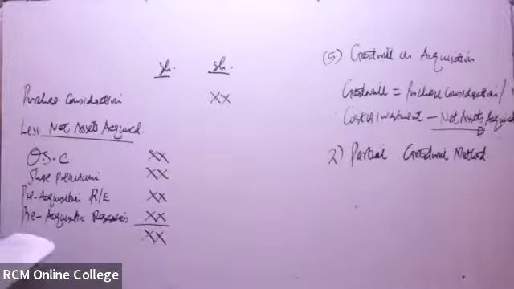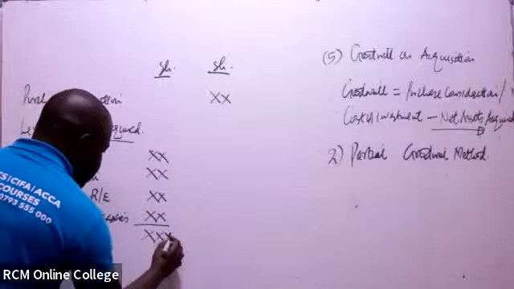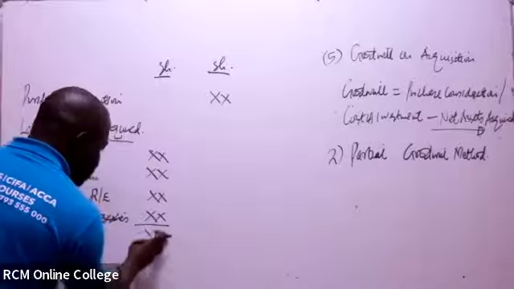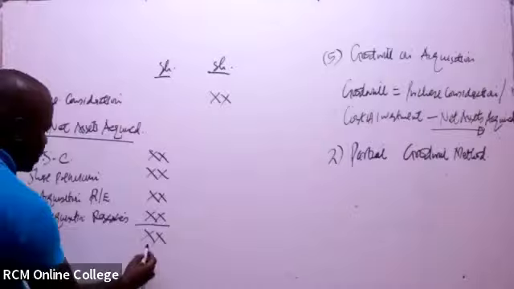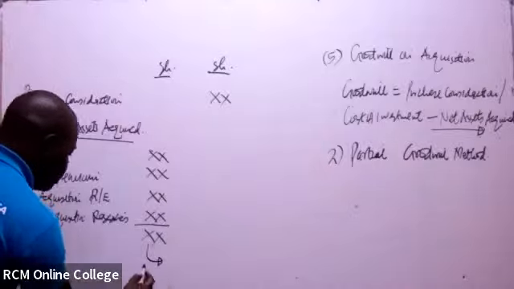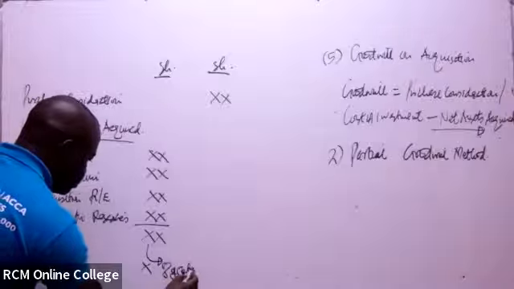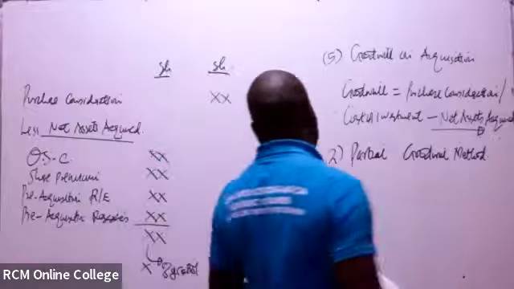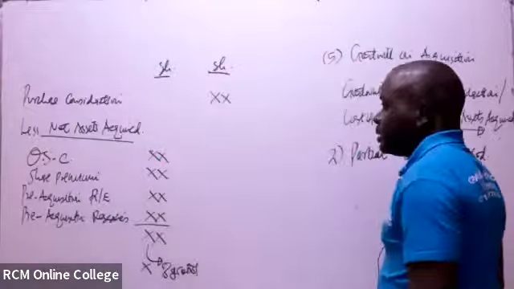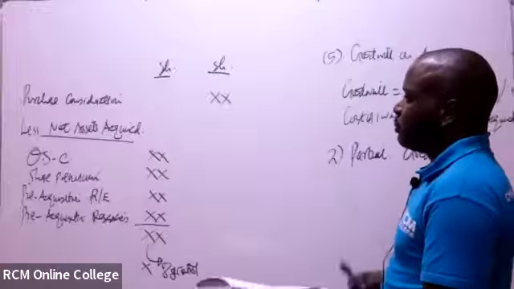This total, you multiply by the percentage of control. Maybe in this case it is 80%. So it is the percentage that the holding company controls, because it is partial.